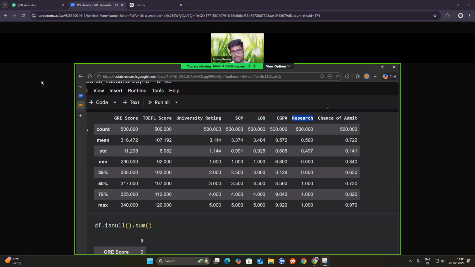Mean CGPA can be used to select the students. Okay. So now, can you see one more thing?